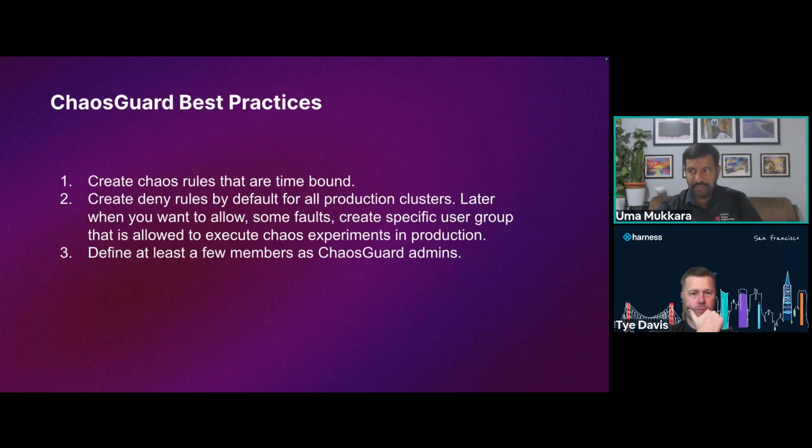These are some of the obvious best practices, but some of this may or may not be applicable based on where you're doing this chaos testing. But I can think of these as some of the good practices.